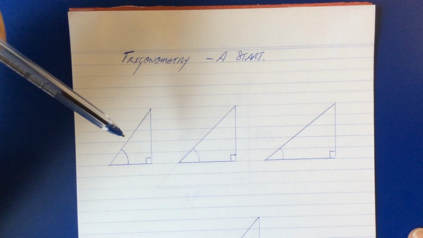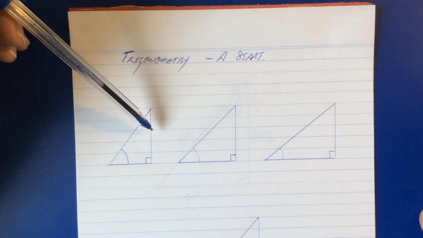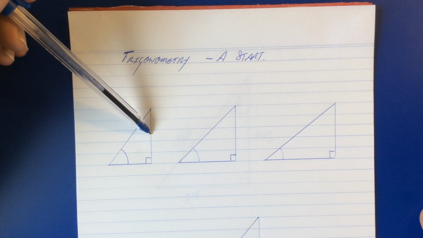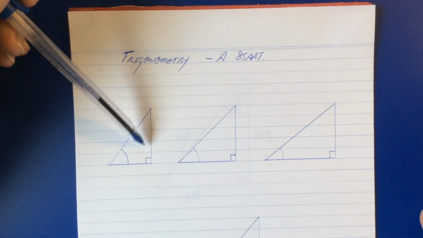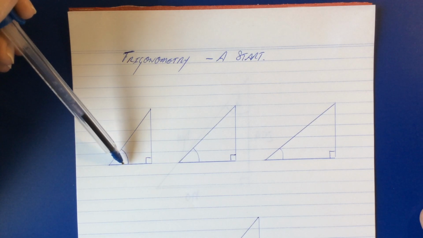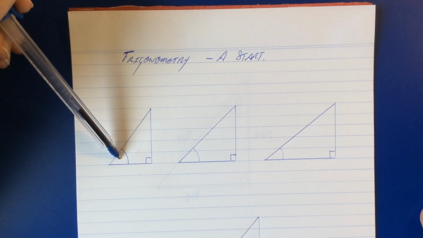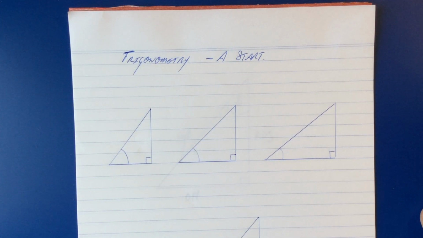And so what we should be able to do is we should be able to say, for example, that the ratio of this line to this line has a calculable bearing on the size of this angle. And that's what underlies all of trigonometry. Okay, let's move on.